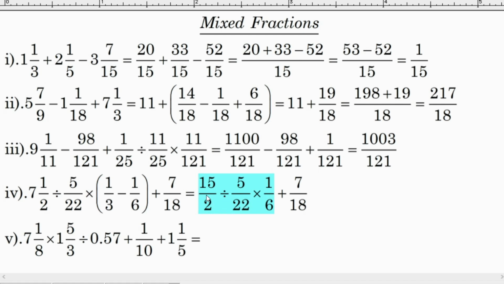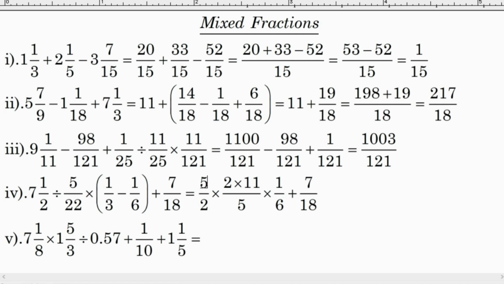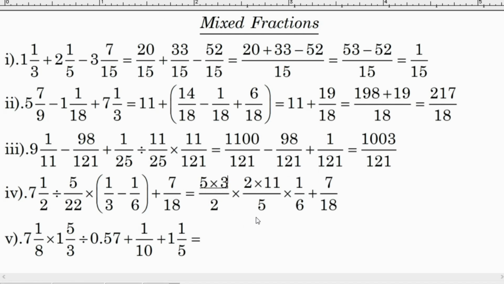Okay, so then we just change the division sign to a multiplication sign and then take 22 to the numerator and then 5 to the denominator. Okay, so as we can see, 22 equal to 2 multiplied with 11, and then 15 equal to 5 times 3.